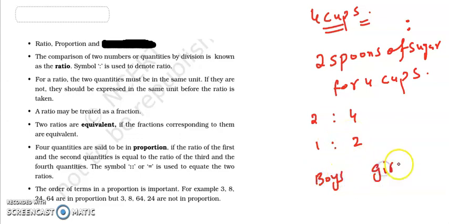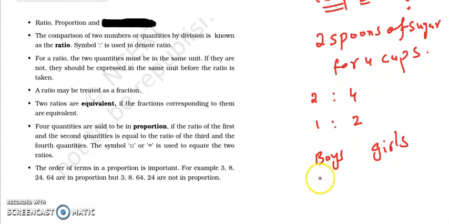In the same way, let's suppose in a school there are boys and girls, and their numbers are different. There are 200 boys in the school and there are 400 girls in the school. If we compare one by one, we can say for every one boy there are 2 girls, because you can see the quantity is double.